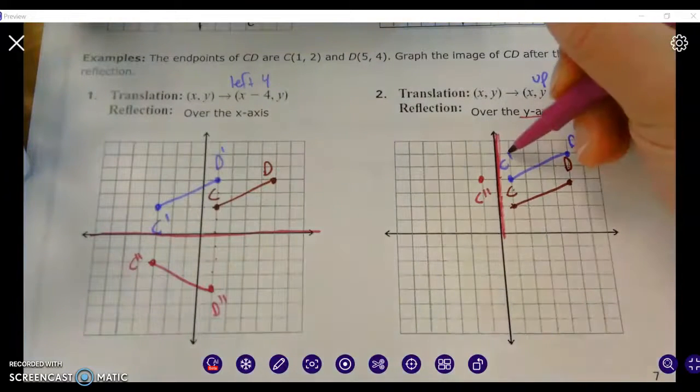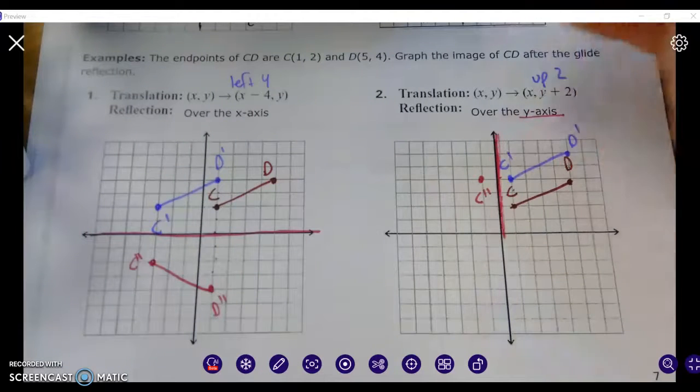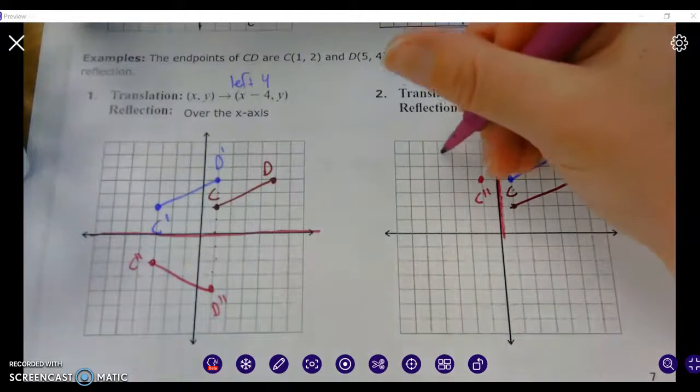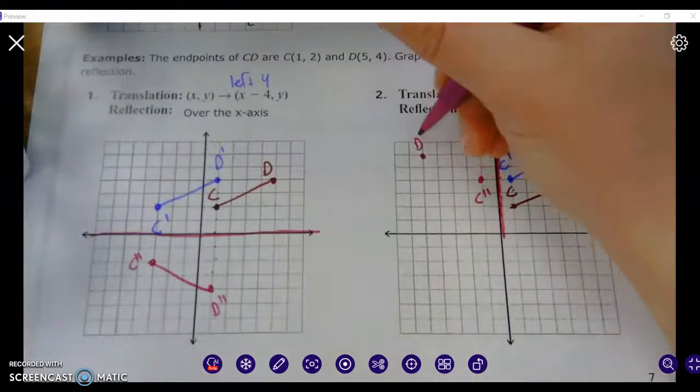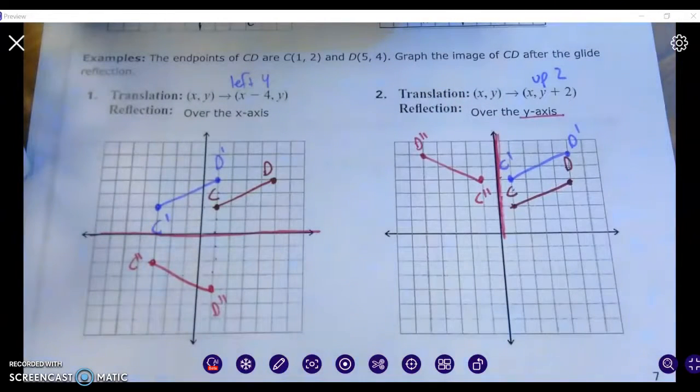Okay, and D, 1, 2, 3, 4, 5 away from the y-axis. So count 1, 2, 3, 4, 5. Okay, what questions do you guys have about doing multiple steps?